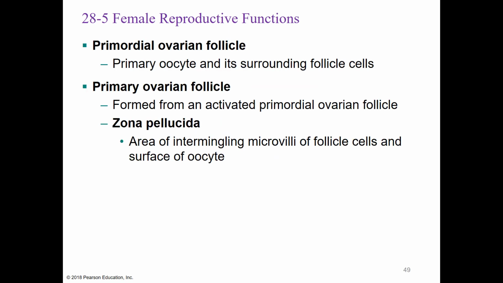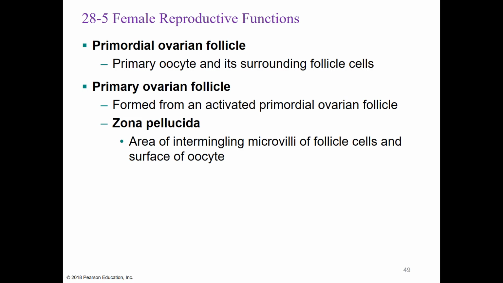Primordial ovarian follicles, so primordial meaning been there since the beginning of your time. The primary oocyte and its surrounding follicle cells is considered the primary or primordial ovarian follicle. The primary ovarian follicle will be formed from an activated primordial ovarian follicle. So I'm going to show you a picture of this.